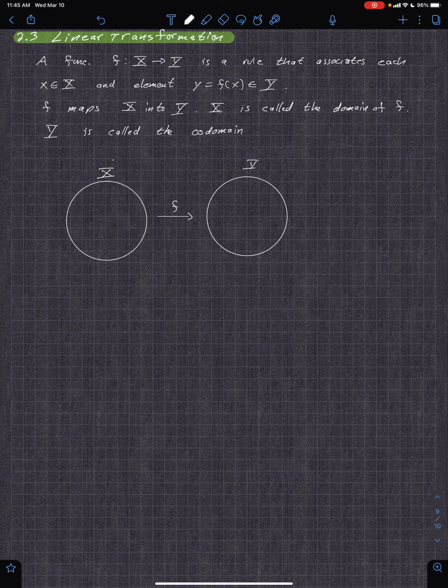So you have an x here, then this is f of x. But depending on the function, you're going to end up having a different subset of Y for the range. We'll define that in a second.